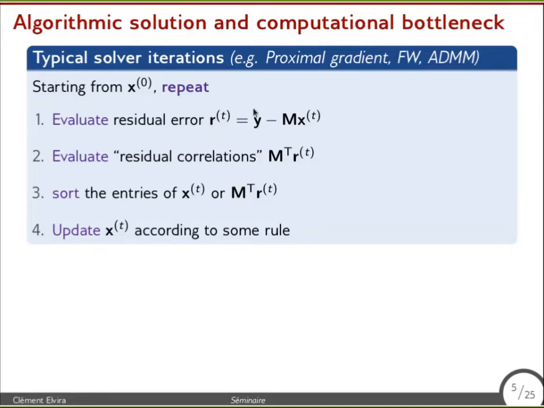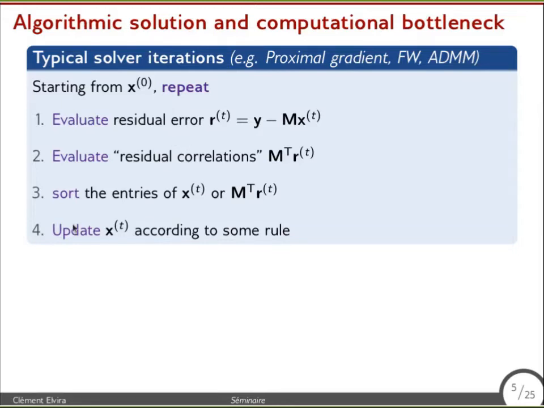First, I evaluate the residual error, what remains to be fitted. Then I evaluate the correlation between the columns of M and my residual. I try to answer the question of how my columns can contribute to explain the residual. Then I do some sorting operations, either on x of t or on the correlation, or both for some algorithms.